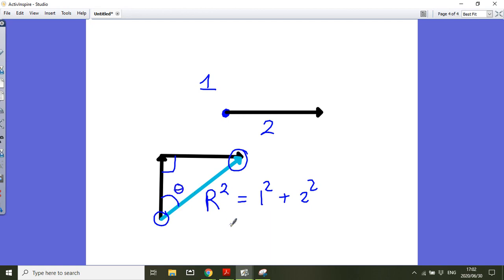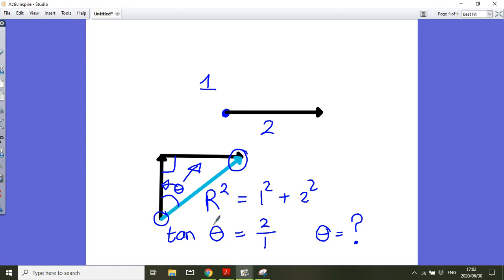So you have to say that my theta I can calculate by using any trig function, but normally it's easiest to use opposite over adjacent because normally you have those two components. So you can say that tan theta is equal to, in this case, 2 over 1, and you work out what theta is, and it must give you the angle.